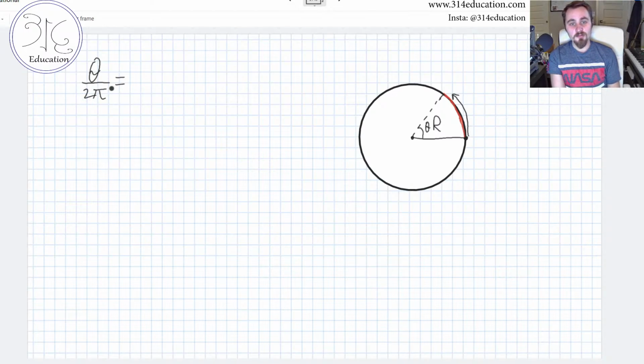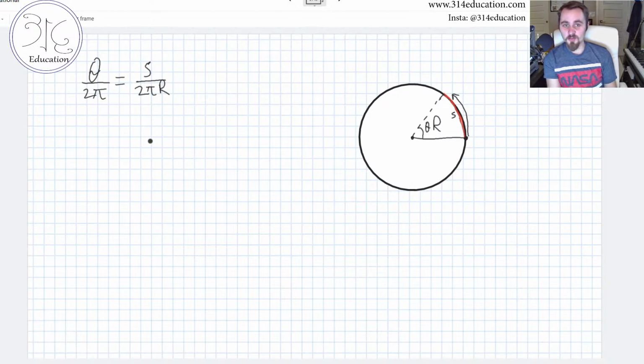And so we expect this fraction to be the equivalent ratio of our arc length, this s, and our total distance around the edge of the circle, which is our circumference. So we can say this is s over our circumference, which we define as 2 pi r.